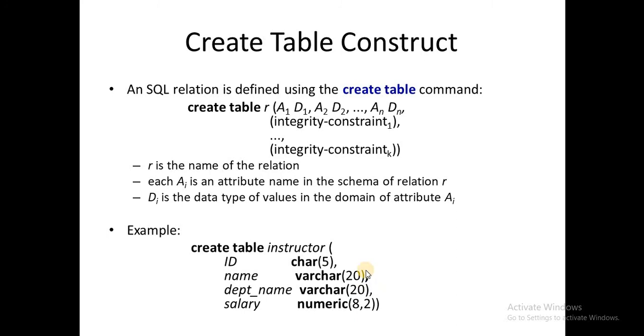Char 20 can hold a maximum of 20 characters. Varchar 20 can also hold a maximum of 20 characters. Numeric 8, 2 means the number should have 8 digits in total, with 2 digits after the decimal point.